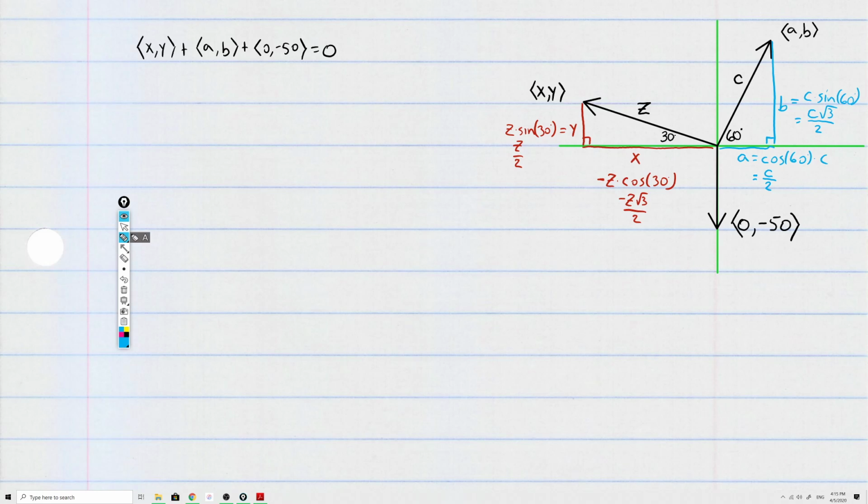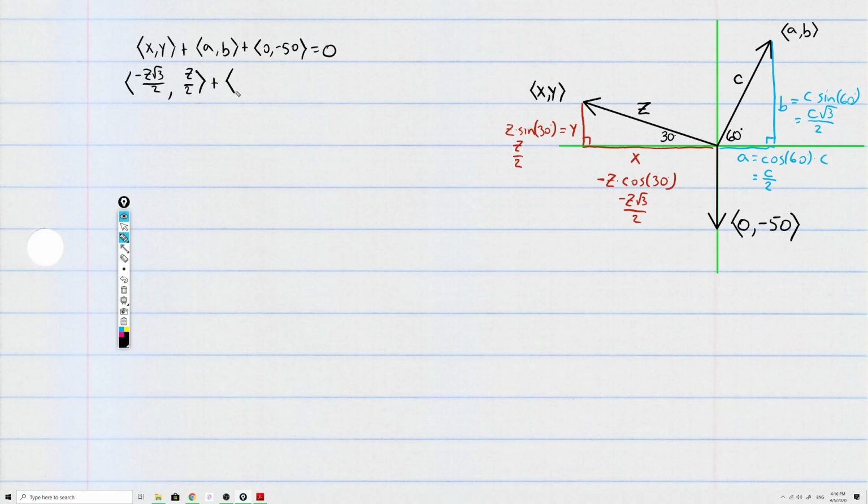All right. Now if we go back to our algebra, we can simplify this vector equation quite a lot. So the vector xy, that is negative z square root 3 over 2, comma, z over 2, plus the vector ab.